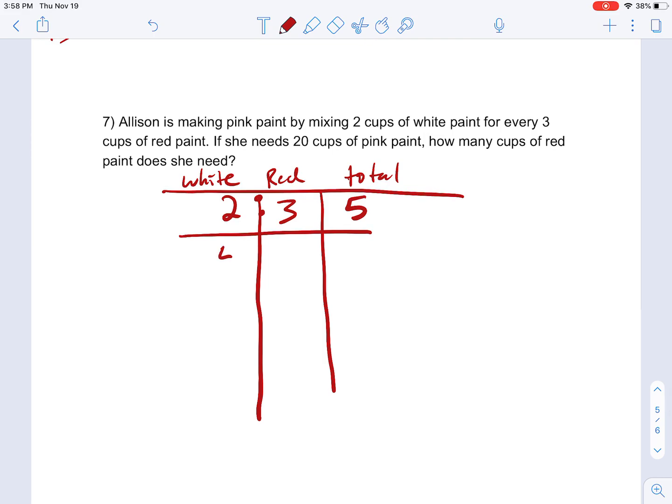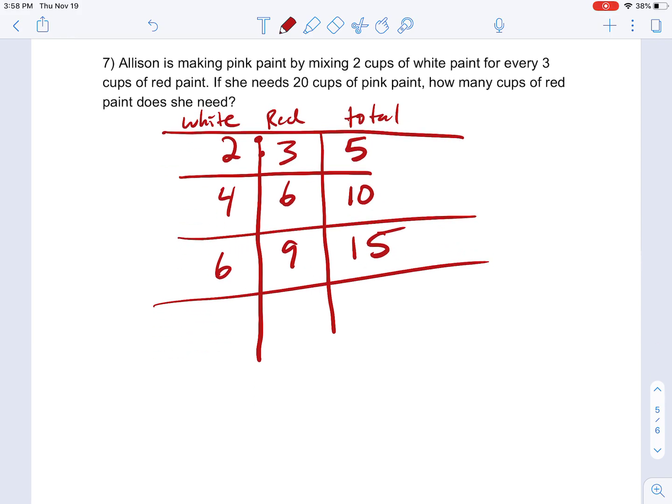If she has 4 cups of white, that would give you 6 cups of red, and that would give you 10 cups total. If she has 6 cups of white, that would be 9 cups of red, and that would be 15 cups total. Now let's move on to 8 cups of white, 12 cups of red, and 20 cups total.